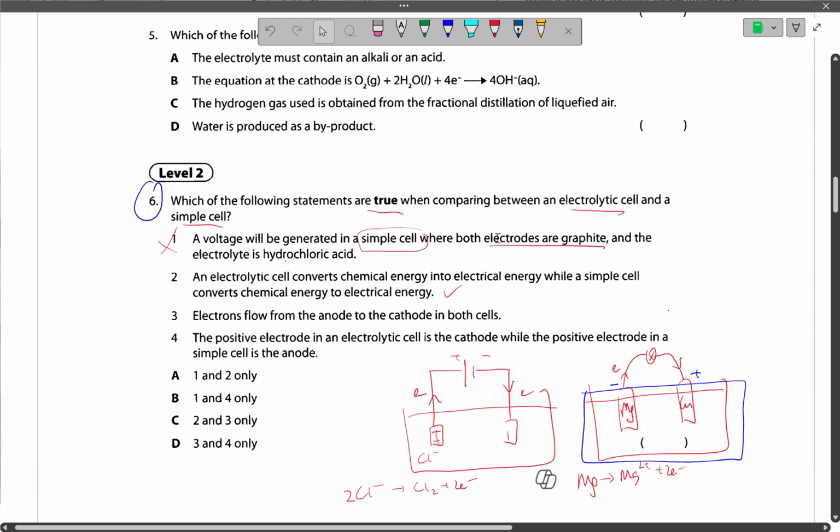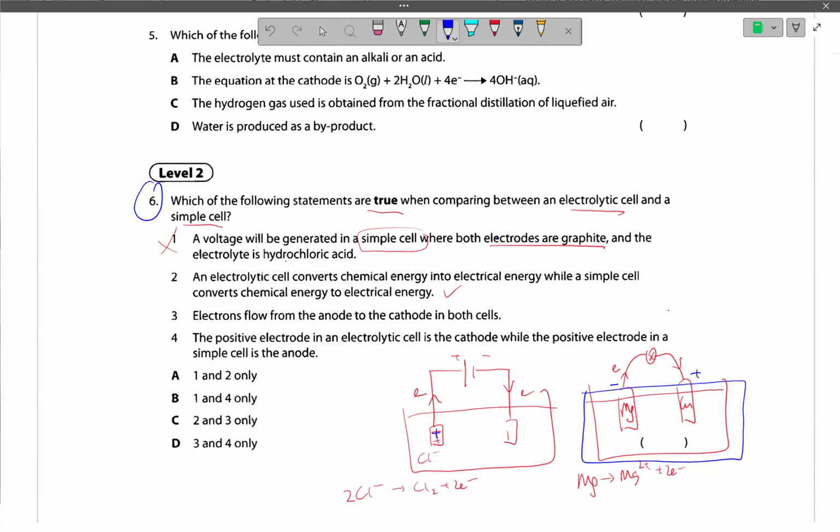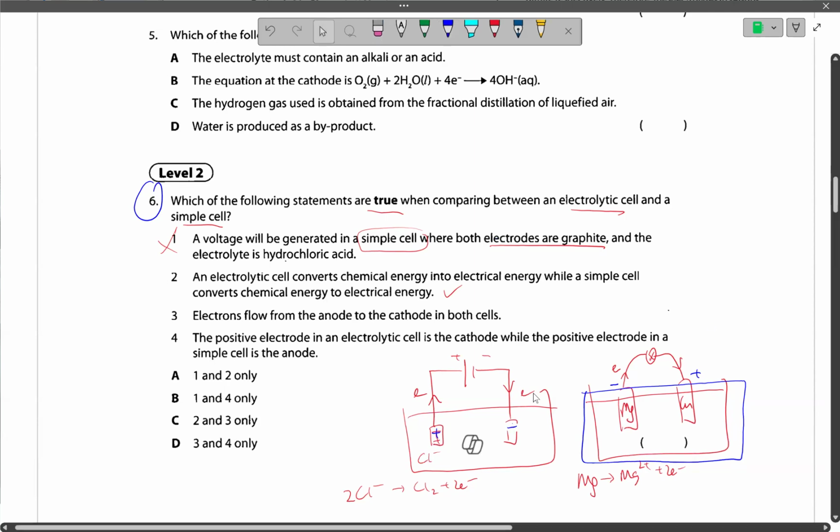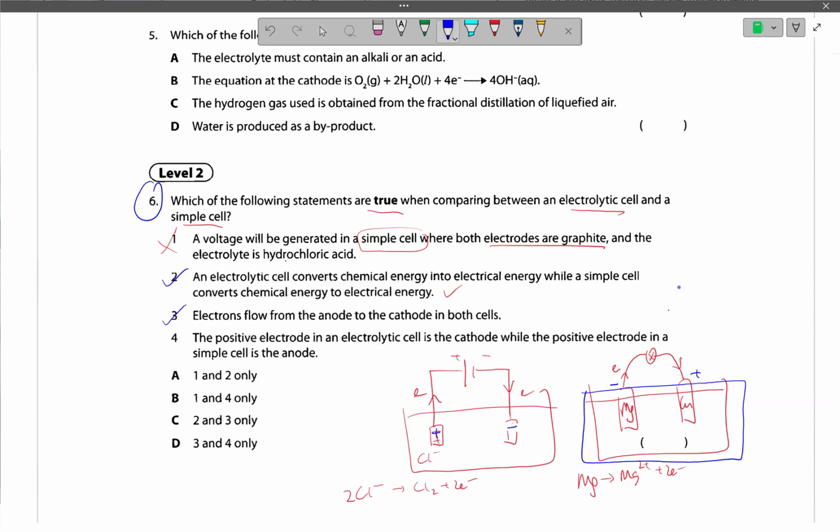All right, this is positive and this is negative. Sorry, negative. So that's the difference. The difference is in the positive and negative, but the process is always the same. Anode is always oxidation, cathode is always reduction. So in this case, 3 is still correct. So 2 or 3 both are correct.